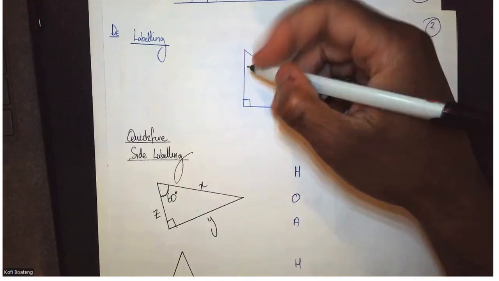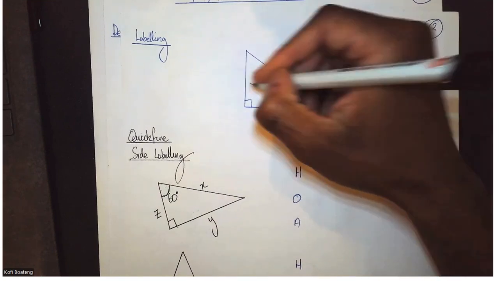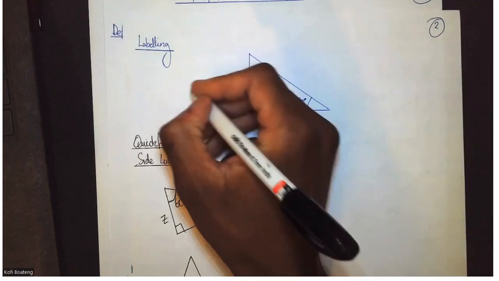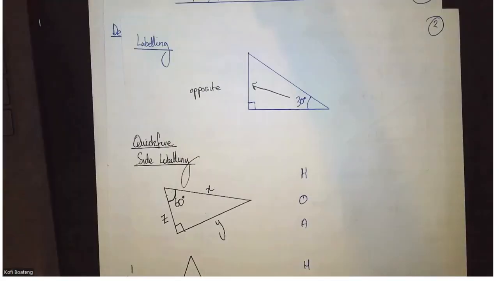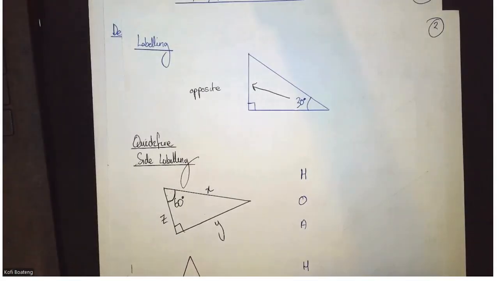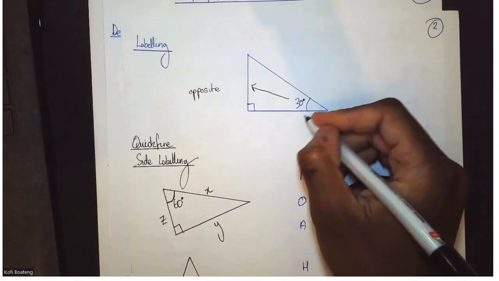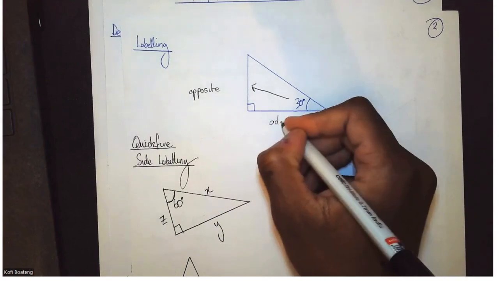So the side directly opposite the 30 degrees, we call the opposite. The side that is next to the 30 degrees is called the adjacent.